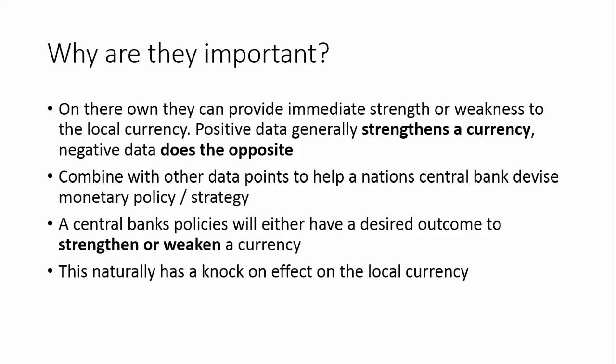If the economy is getting out of control and growing too fast, the central bank will also want to take the steam out of that to prevent it from becoming a bubble and from becoming dangerous. So these data points are massively important because when you put them all together, the central bank will then decide whether they need to employ any policy or strategy, and when they do that, that will have a knock-on effect on the local currency. It will either be a strategy which helps to weaken a currency or strengthen it.